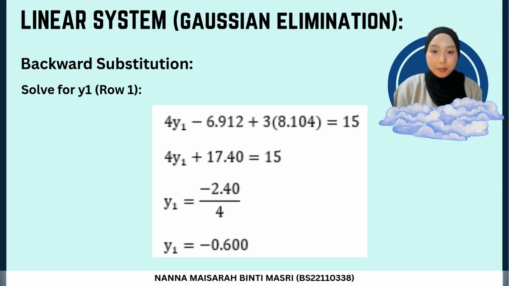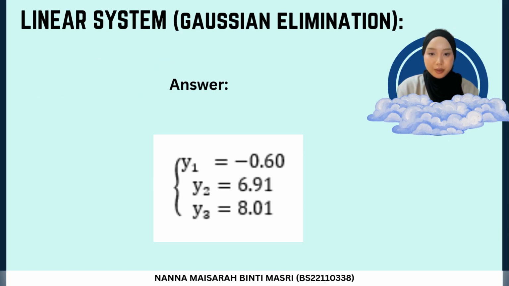Finally, I substitute both values into the first row to find y1, which came out to be negative 0.600. So, the final solution vector for this system is y1 equals negative 0.60, y2 equals 6.91, and y3 equals 8.10.